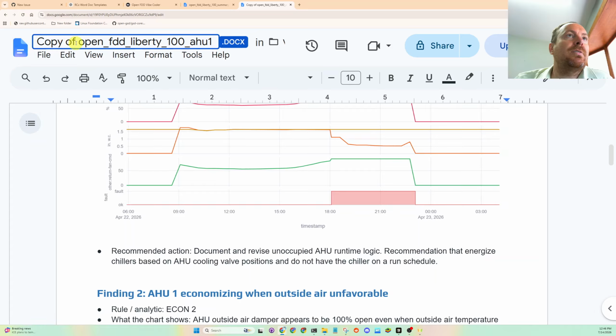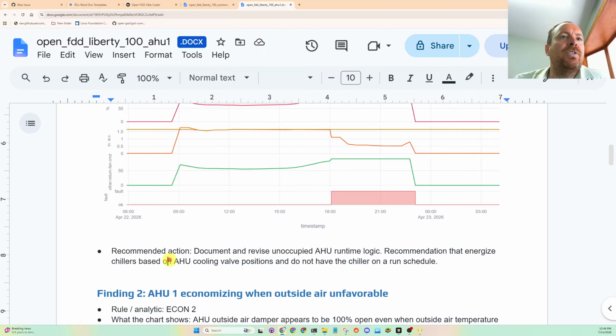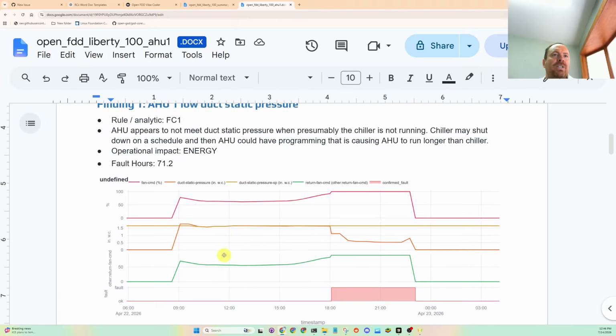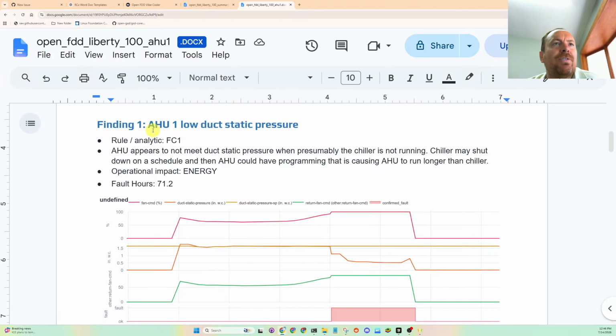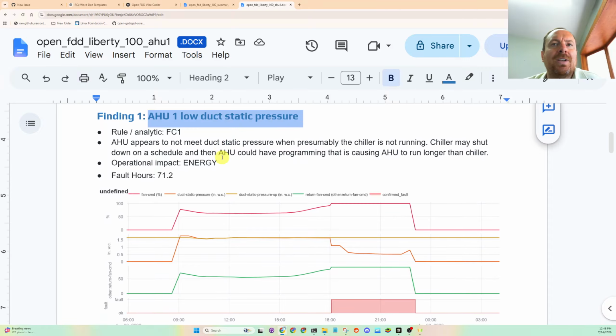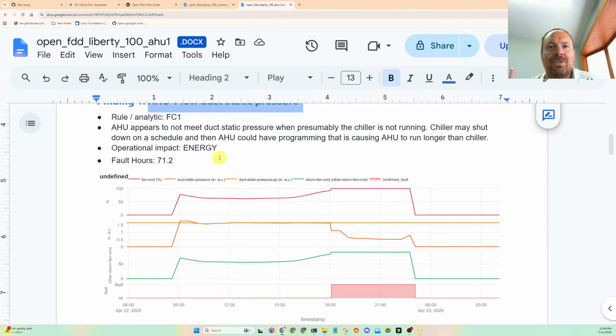So this is air handling unit 1. Besides these other things, I've also found that this air handling unit has a low duct static pressure at certain times. I still can't figure this one out either.